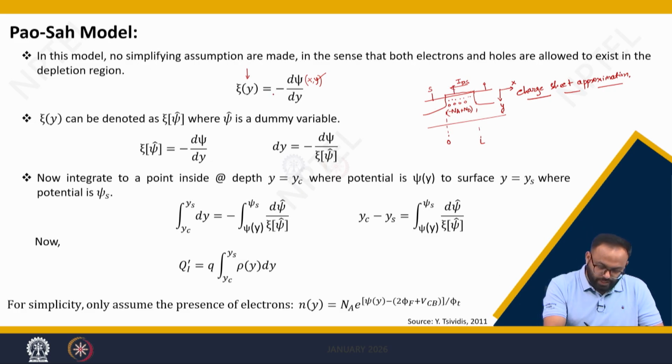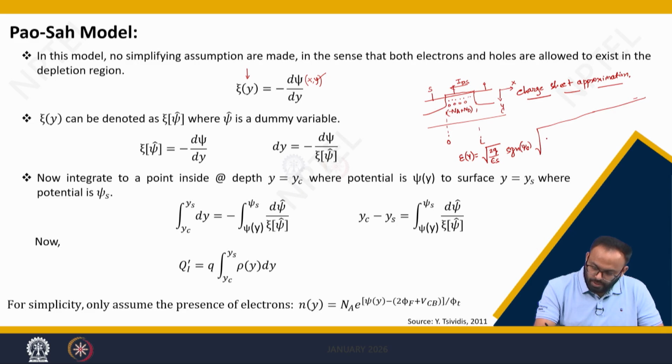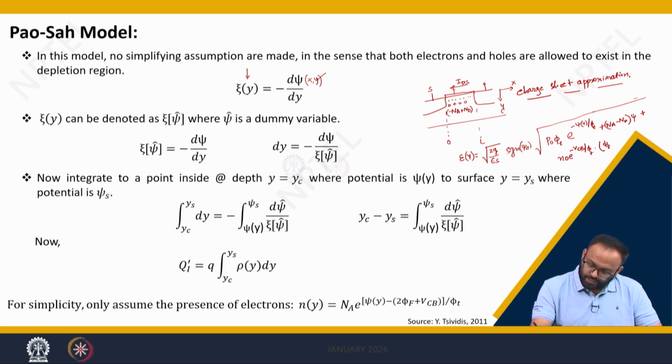So the vertical electric field can be given by minus d psi by dy, where Ey is nothing but the square root of 2q divided by epsilon s into signum psi s into the square root of p naught phi t e to the power of minus psi y by phi t plus Na minus Nd into psi plus n naught e to the power of minus Vcb divided by phi t into phi t e to the power of psi y by phi t.